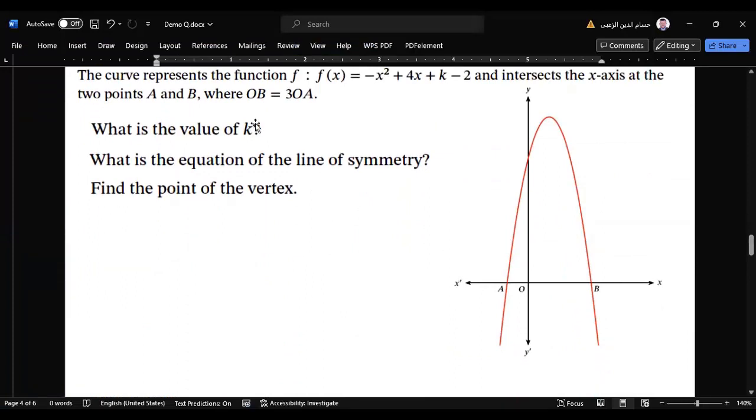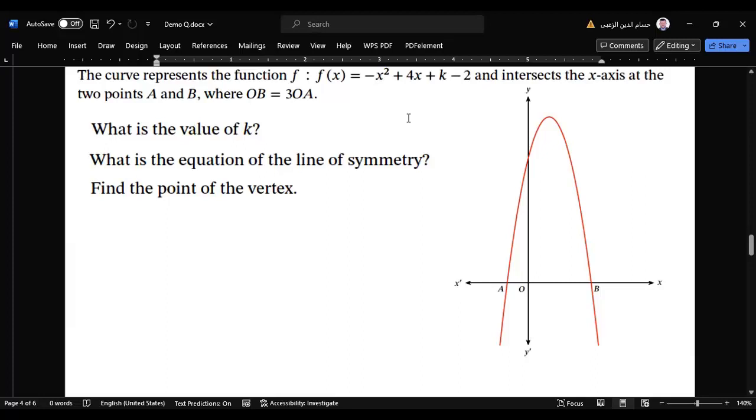Next one. So here he says that the curve represents a function f of x equal negative x to the power 2 plus 4x plus k minus 2. Since the coefficient of x squared is negative, the curve opens downward.